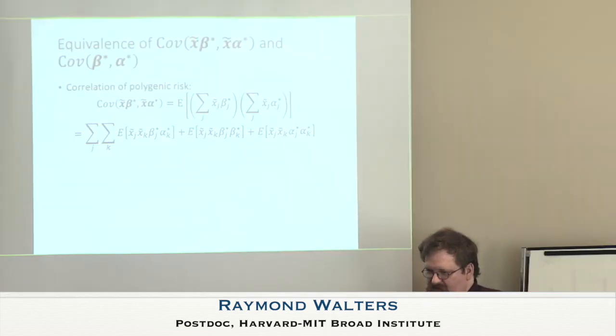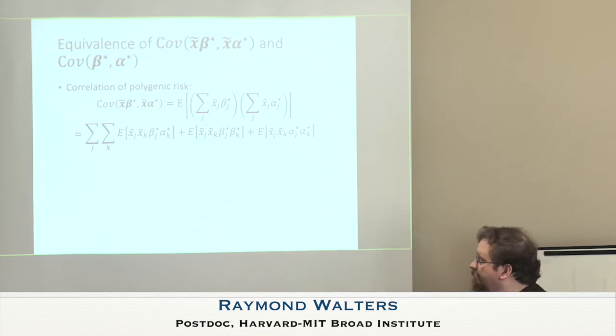And so starting from a definition of genetic correlation as being correlation of these total components of polygenic risk, we can break that idea up: total polygenic risk is the sum over the effect sizes on the SNPs.